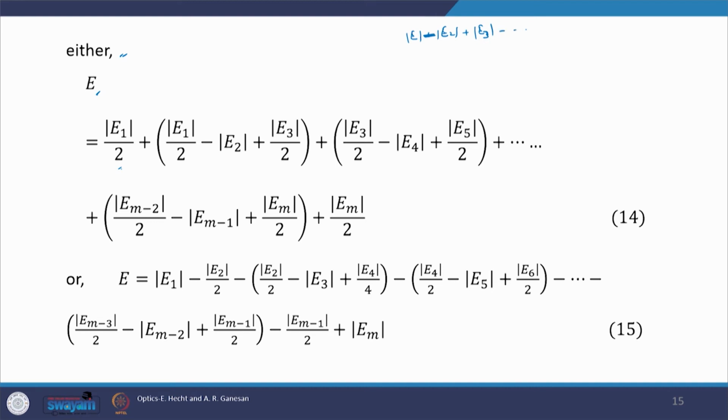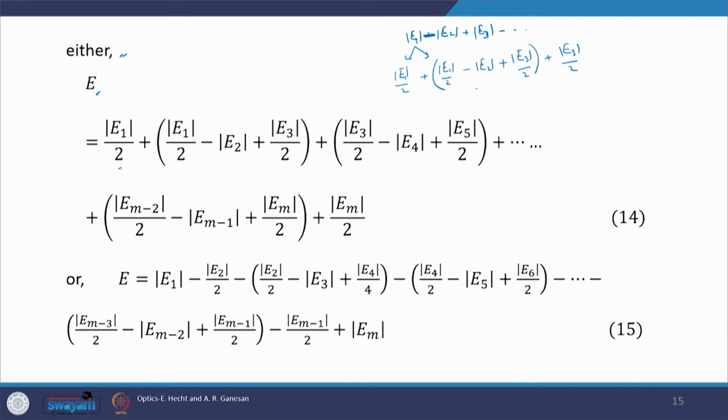But here what we do is that we split E1 in two parts. We write it as E1 by 2 and then E1 by 2. Similarly, for E2 we just write E2, we do not split it, but for E3 we again perform the splitting and we write it like this.